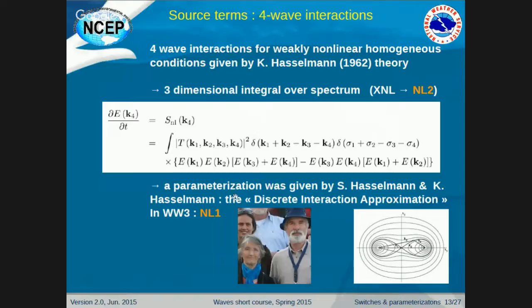So to avoid that, Susanne Hasselmann, the wife of Klaus Hasselmann, this guy here with the hat, that was a picture 10 years ago, they devised the parameterization. Instead of taking all the full integrals, they say, okay, normally you can have K1 plus K2 as one vector, and then K3 can go on all the other curves and go around.